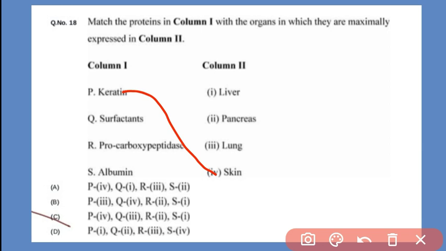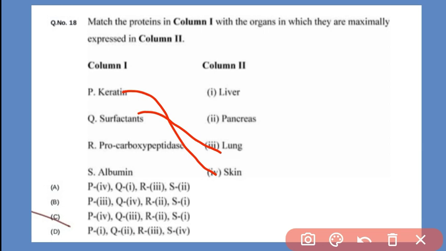Surfactants are largely present in lungs. Surfactants are also called surface active agents, substances that reduce the surface tension and thereby increase the spreading and wetting property. So there is a need for surfactant in the lungs. Sodium stearate is a good example of a surfactant. It is the most common surfactant in soap.